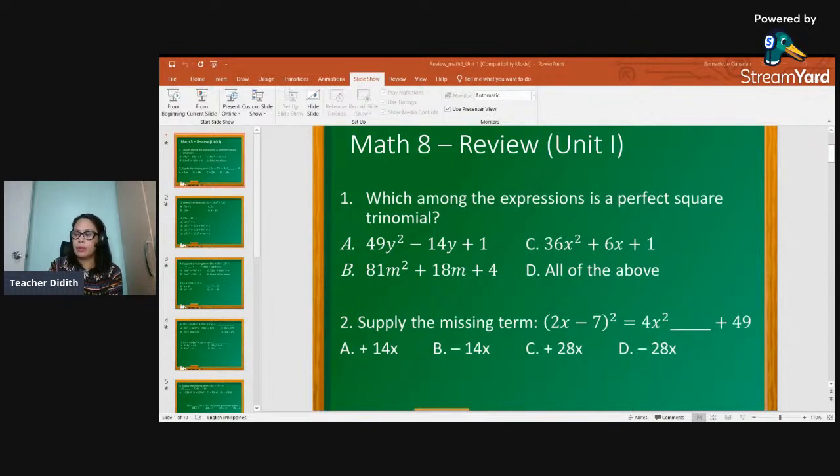So a perfect square trinomial, of course we know how to describe a perfect square coefficient. So the result of squaring an expression is a perfect square expression. For example, we square 1, we square 2, we square 3, and 4. So the result is a perfect square expression.